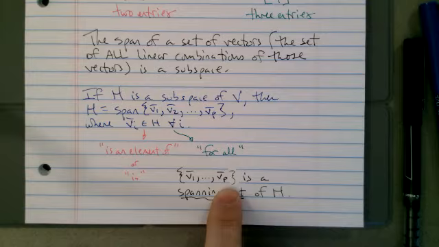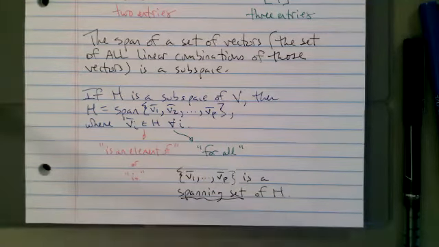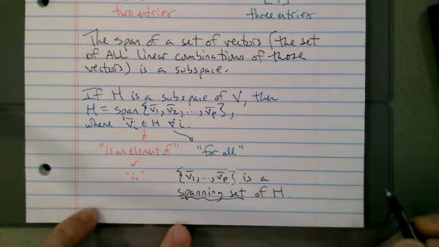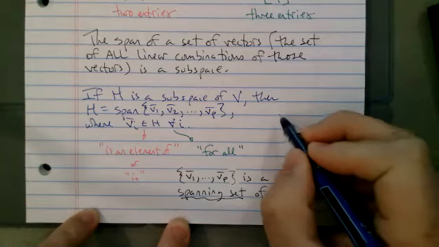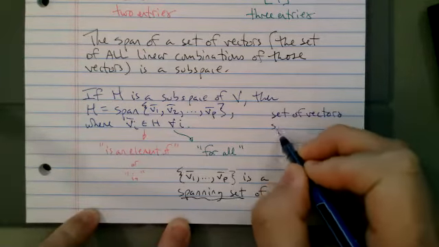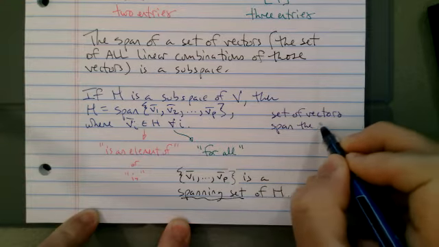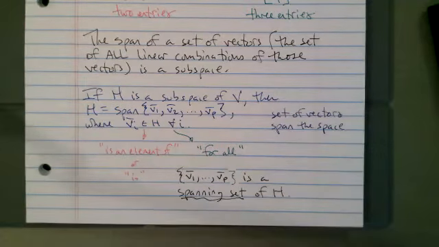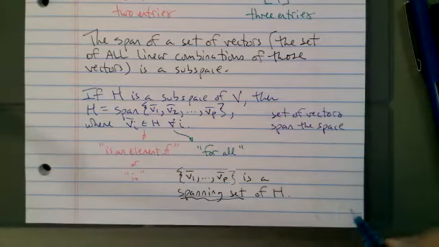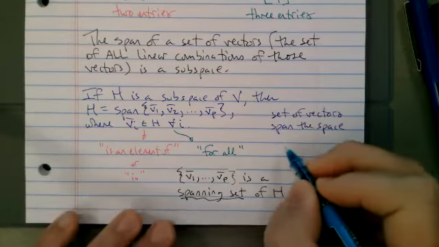There are p vectors in this set, and it's a spanning set for H. So the vectors do the spanning, and the space is spanned by them. The set of vectors spans the space. Look at what the subject of that sentence is: the set of vectors is what's doing the spanning. The space is spanned by the set of vectors.